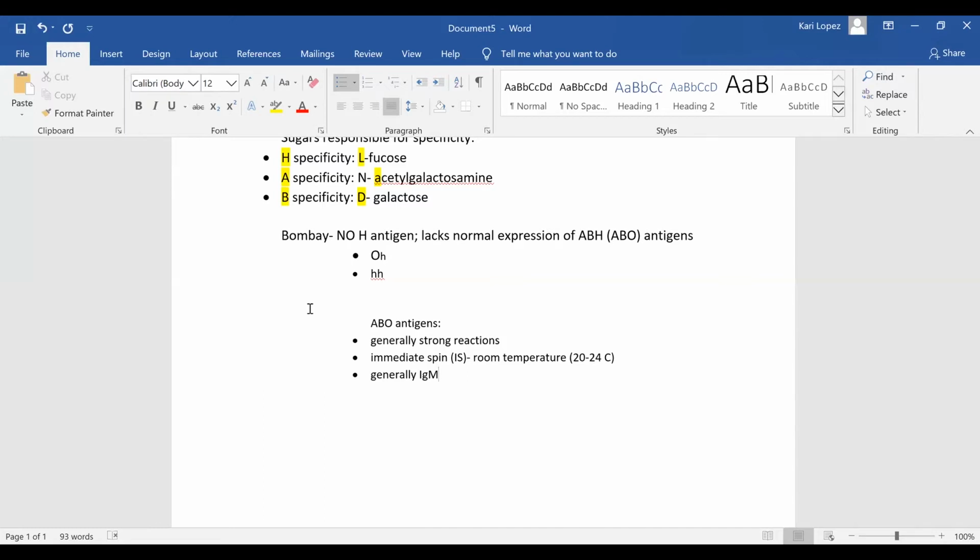But these are going to be generally IgM. They are inherited predominantly, which means you get one from mom, one from dad.